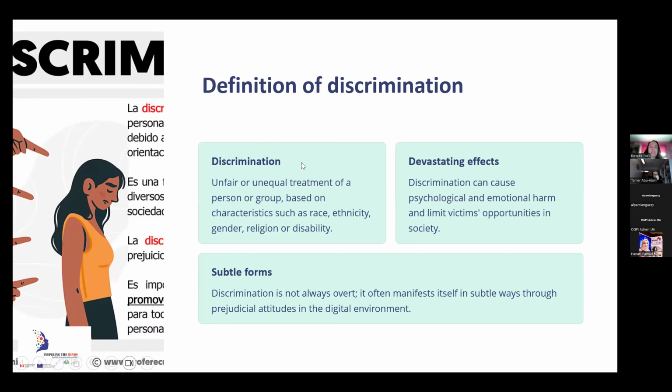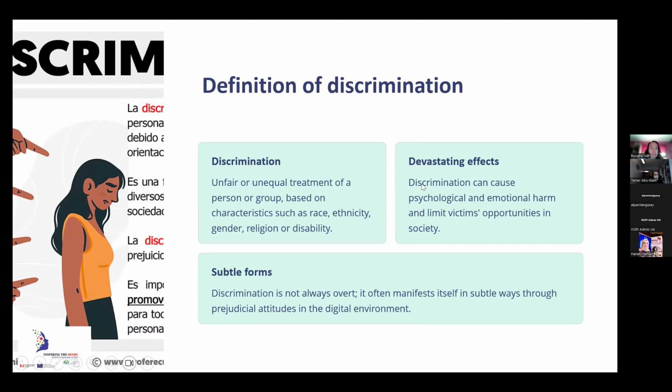Discrimination could be defined as an unfair or unequal treatment of a person or group based on characteristics such as race, ethnicity, gender, religion, disability, also sexual reasons. And of course, it has devastating effects no matter the context in which this occurs, because discrimination can cause psychological and emotional harm and limit victims' opportunities in society.